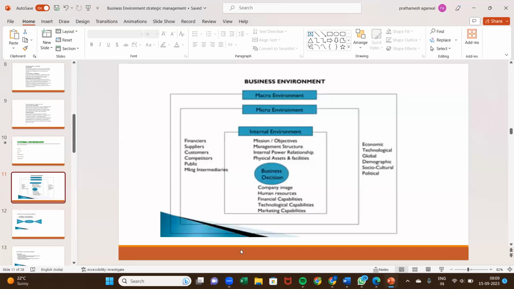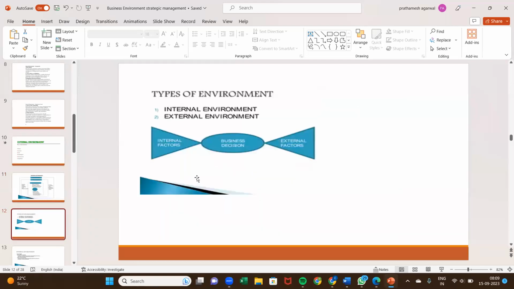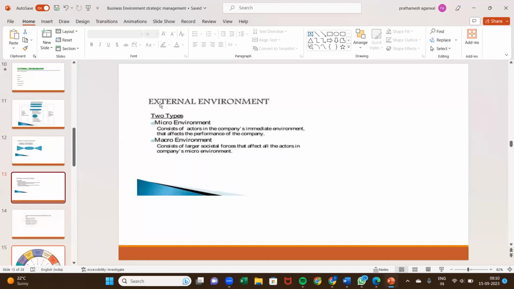Now, all these factors count toward the ultimate business decision. These factors play a very, very important role in taking business decisions. Internal factors and external factors are interlinked and very important for business decisions. Again, the external environment has two types, micro and macro.